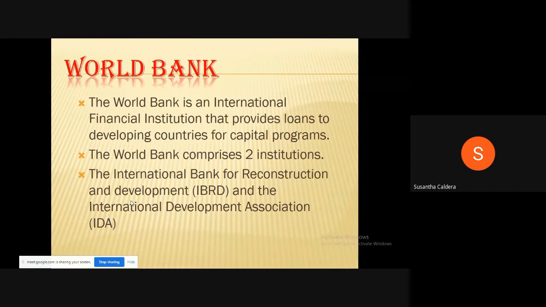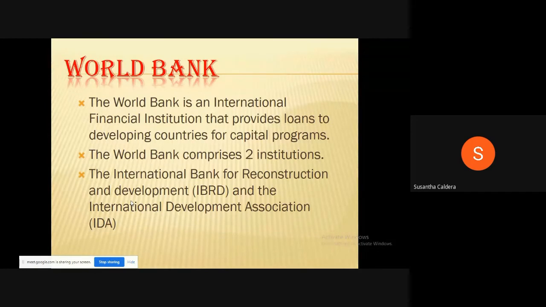But the World Bank are the people who give loans to developing countries for capital programs. And the other thing, the IMF is for all the member countries. But the World Bank is mainly focusing on developing countries, right?